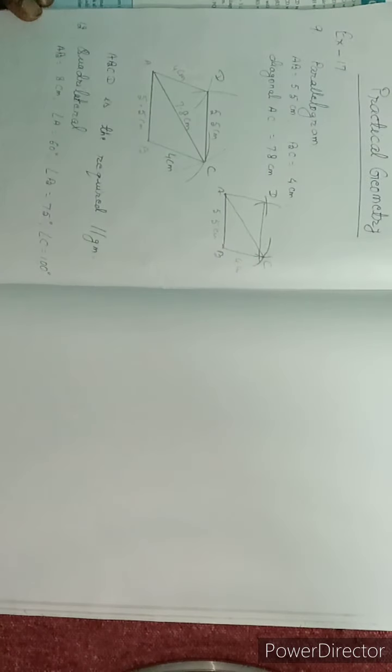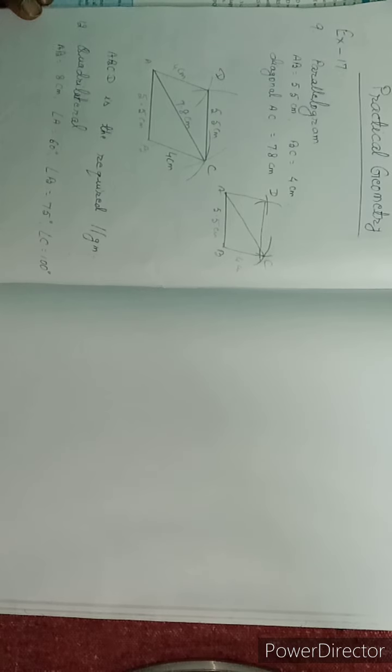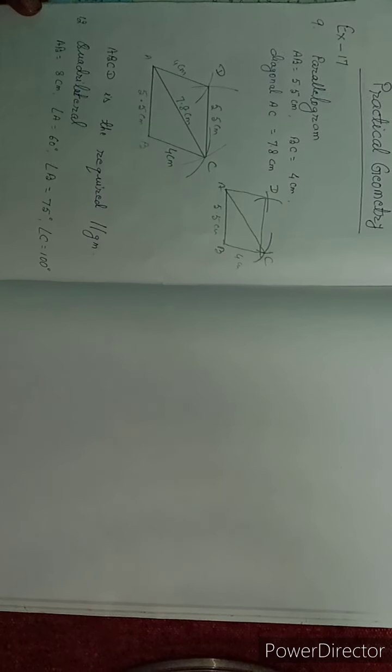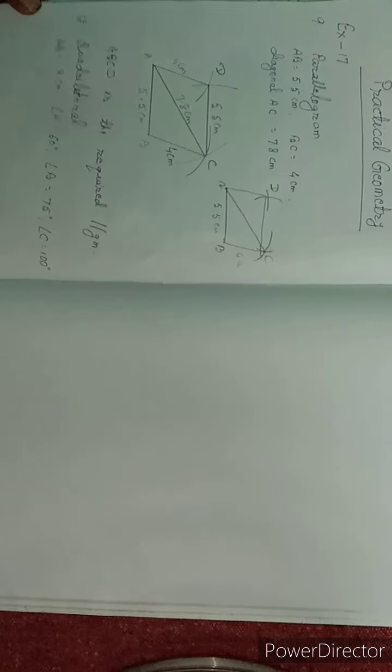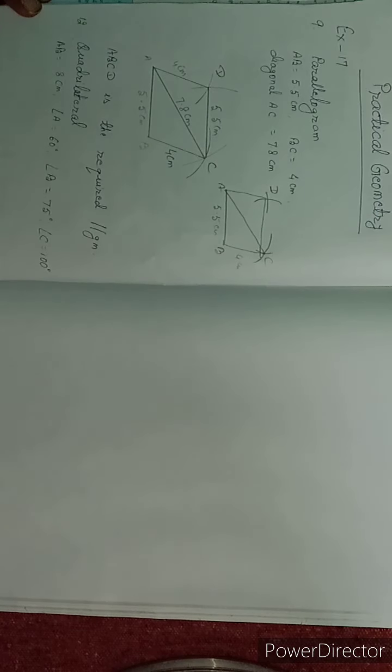In this question angle Q is given as 105 degree, but we can't understand from where this angle Q is coming, while the name of this quadrilateral is ABCD. So this may be wrong information. So I'm skipping this question, and I came to question number 12.